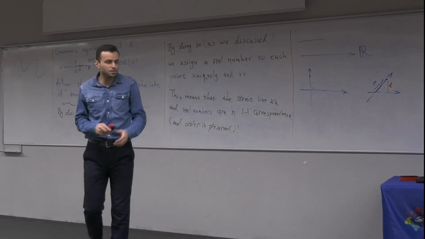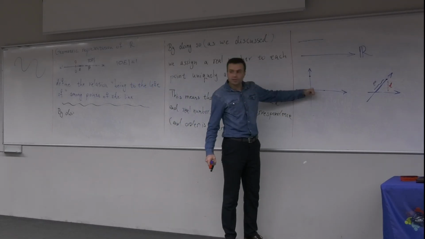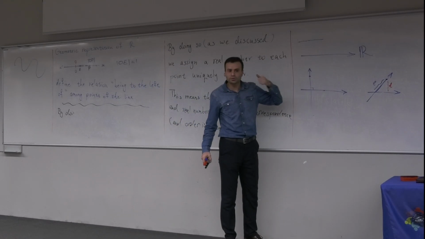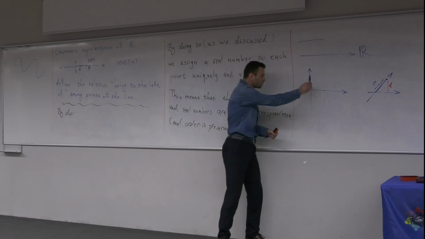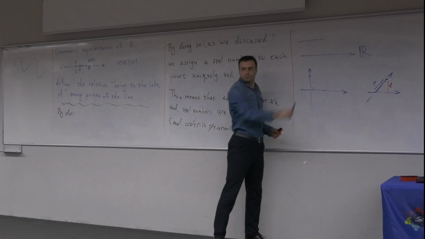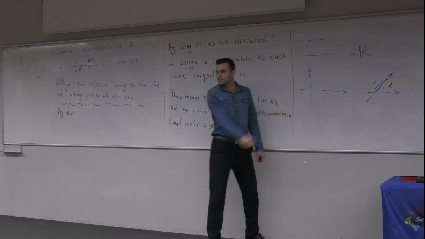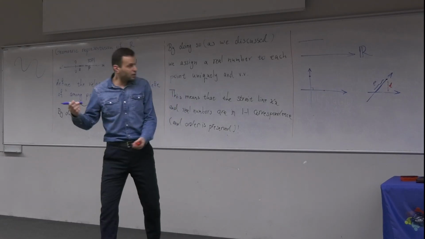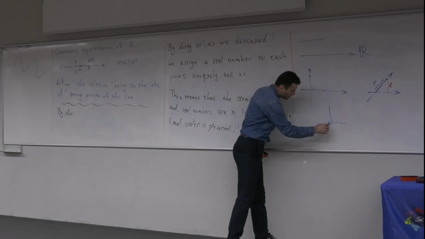Now, another question. If you have another dimension coming here, if you want to have a three-dimensional space, how should we place it? Should it be something like this? Should it be something like this? Or should it be exactly perpendicular? If you're going to write a three-dimensional system, should these be perpendicular to each other or what?